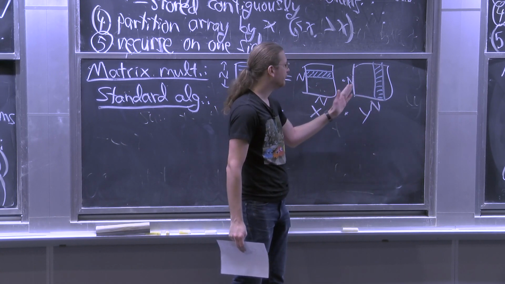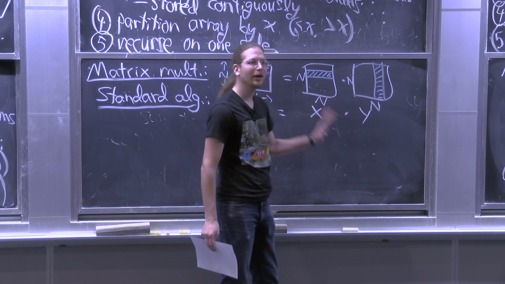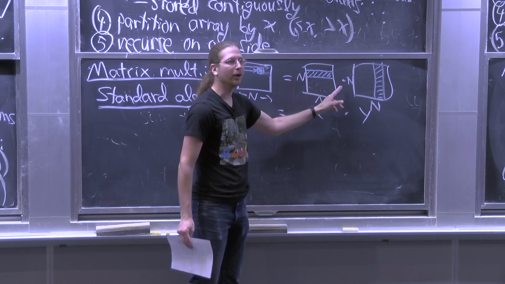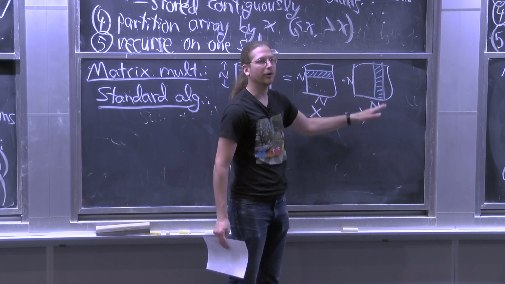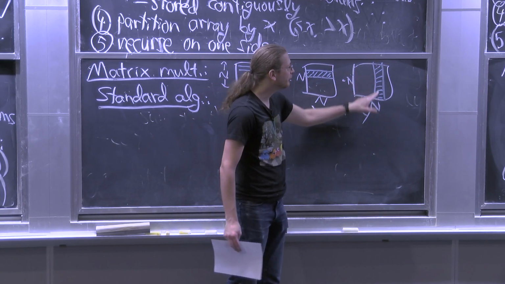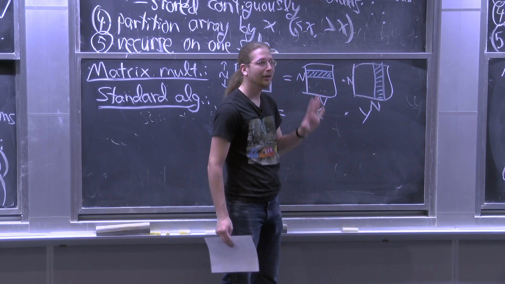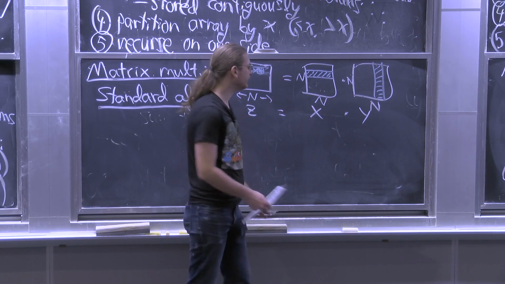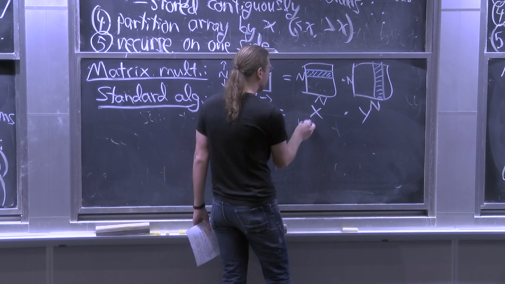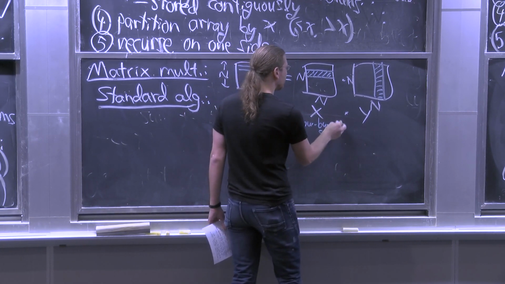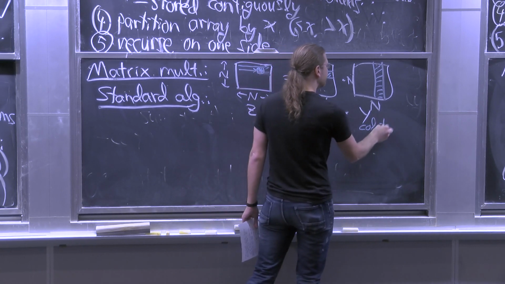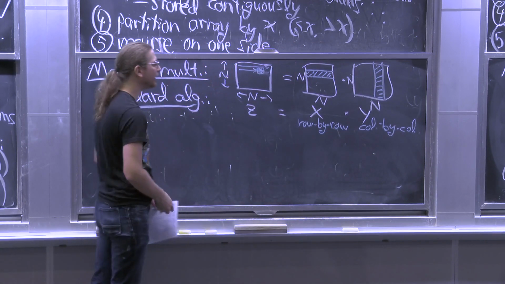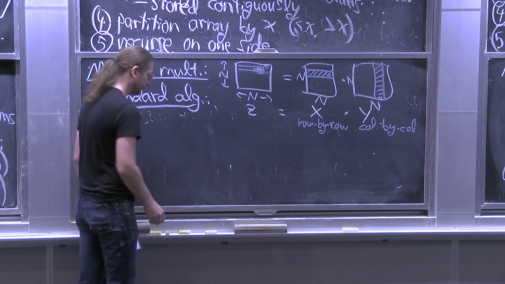Now, it depends on the order in which you store X and Y. But let's suppose we store X in row major order, meaning row by row, and we store Y in column major order, meaning column by column. Then this will be an honest-to-goodness scan of a contiguous array. Again, the order we store things in memory really matters. So let's make our life ideal: this is row by row, and this one is column by column. Then hey, this is two parallel scans, so order n/B to compute this cell.